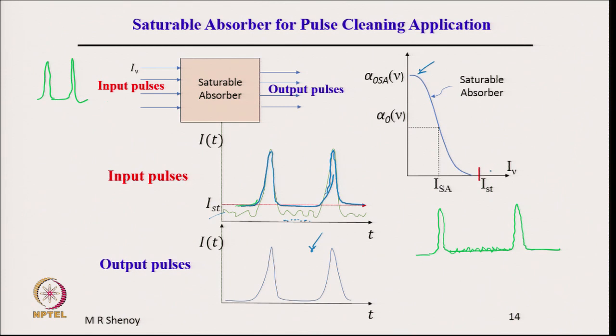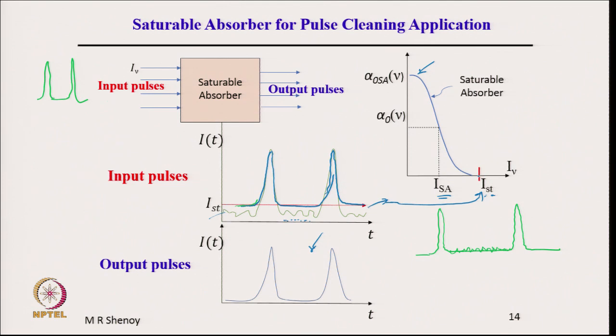So, the laser intensity, if it is here, then this level that we have set here is the threshold level, some threshold level here, I_ST, the saturable intensity threshold value. This is the saturation intensity of the saturable absorber and this is the threshold value that we have set.